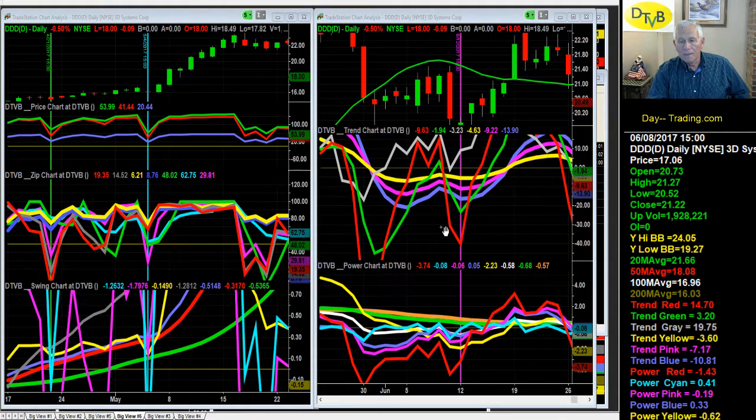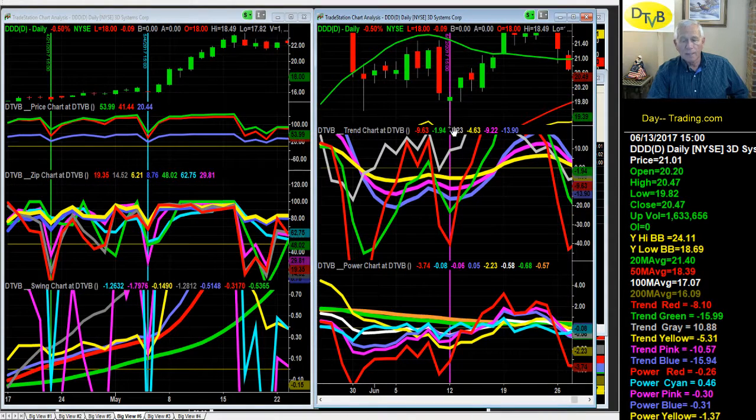And so that drop is significant for trend red. That's a big drop, but it crossed zero and it crossed underneath the blue line, and that makes it a possibility for the next day up.